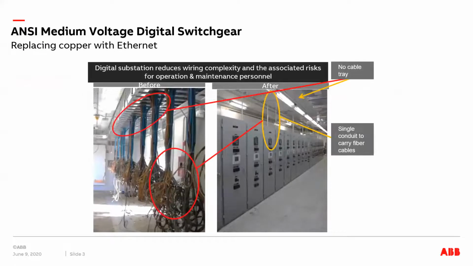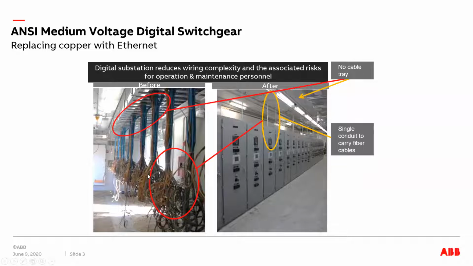Okay, so some of you may be familiar with digital switchgear. What is digital switchgear? If you look at a traditional switchgear or substation environment, you would see a lot of copper wires. On the screen here, you see a picture of a traditional substation environment with a lot of wiring going around.